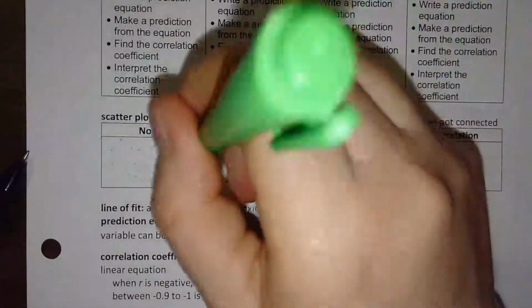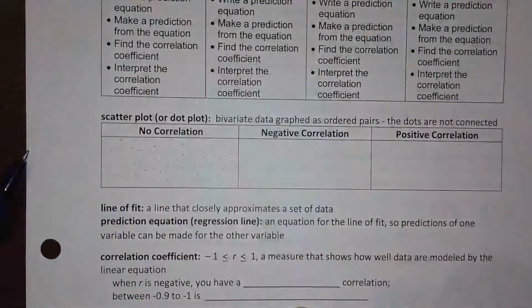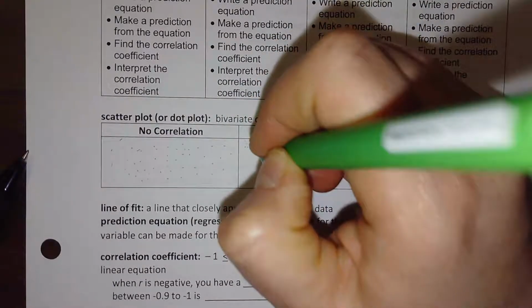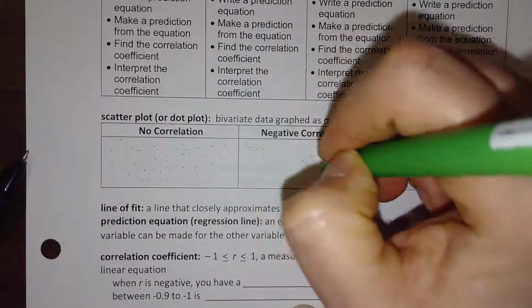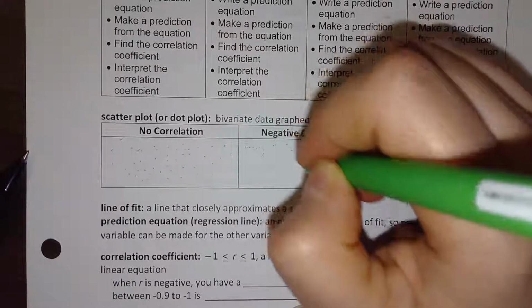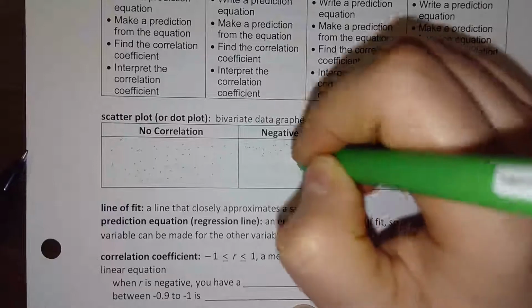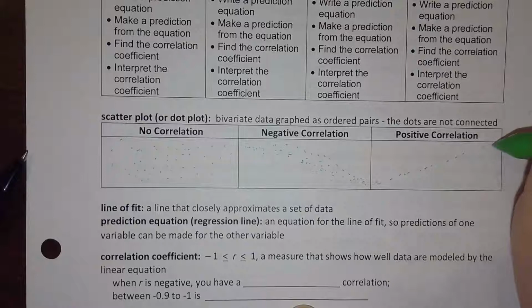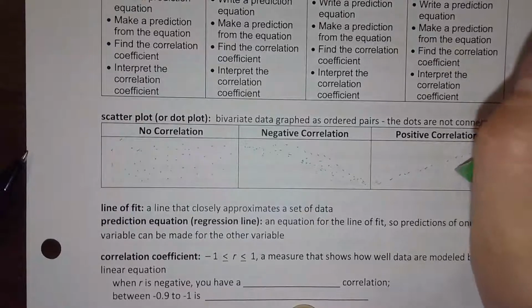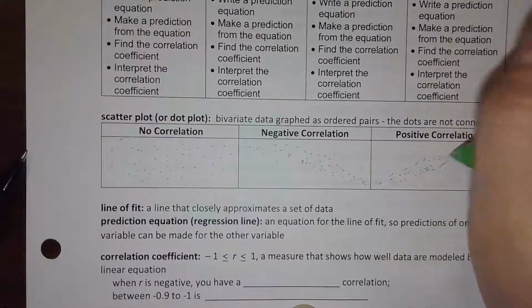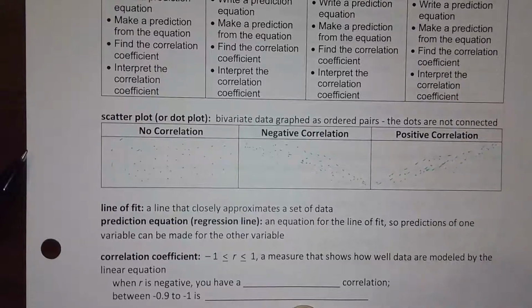So a no correlation is just a bunch of points all over the place. Looks like snow. Negative correlation is when your data points follow a negative trend, and a positive correlation follows a positive trend.